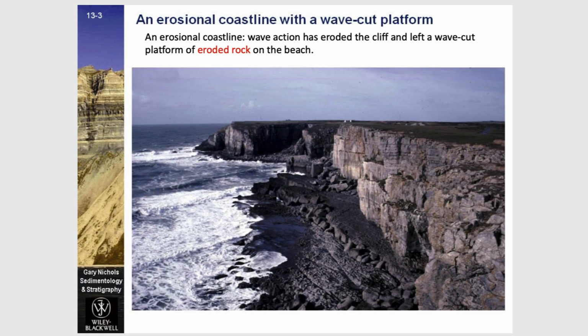In this other example, we see instead a condition of relatively high energy that is focused on a coastline that is more an erosive coastline. So you can see the steep cliffs. In this case, they look like calcareous cliffs or siltstone-dominated cliffs, because I can recognize some of the stratification here.